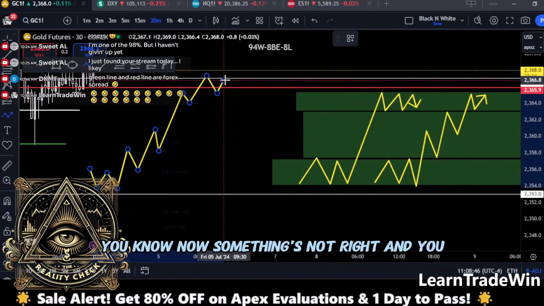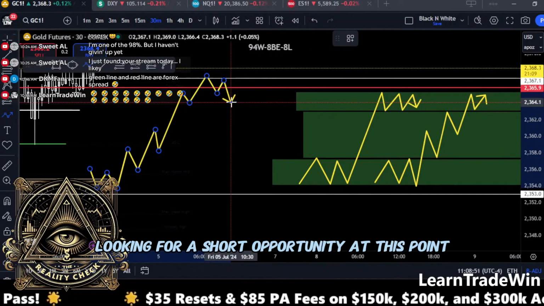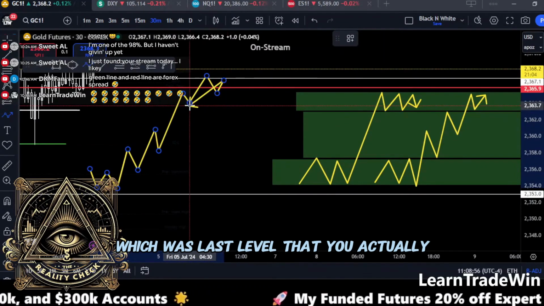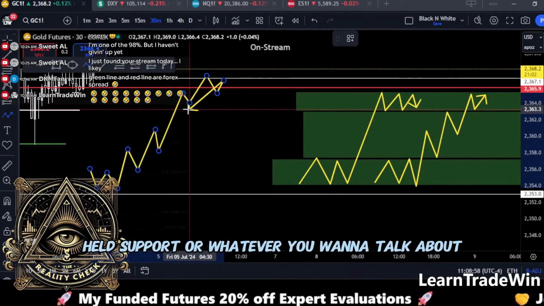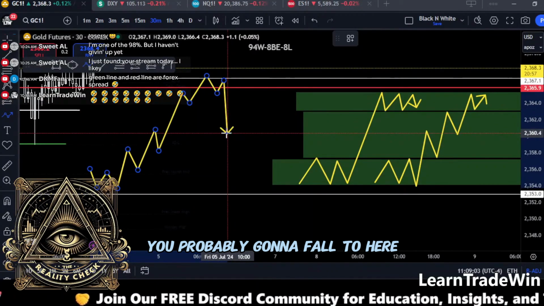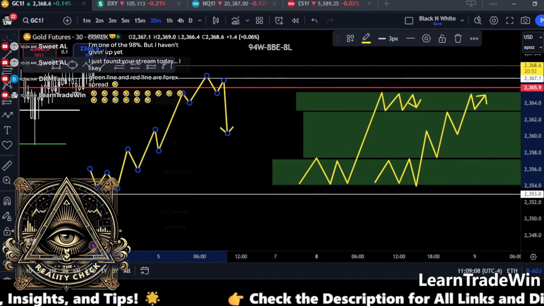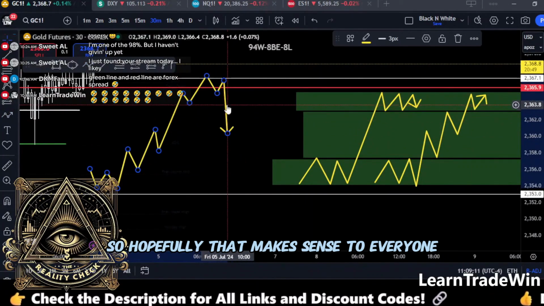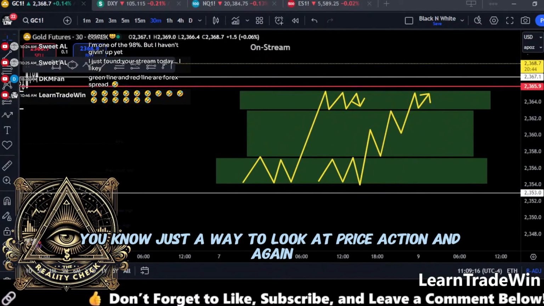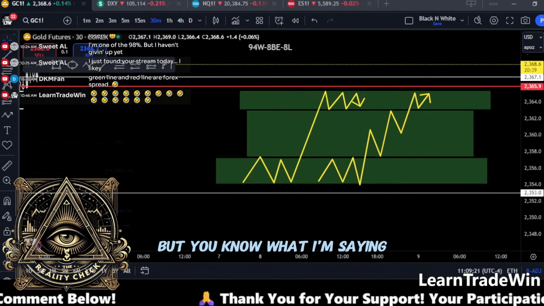Well, you know now something's not right, and you should be looking for a short opportunity at this point, because if it breaks this level, which was the last level that you actually held as support, you're probably going to fall to here because there's no structure. You know what I mean? So hopefully that makes sense to everyone. Just something to look at as price is moving, just a way to look at price action. And again, you look at it with everything else, but you know what I'm saying.